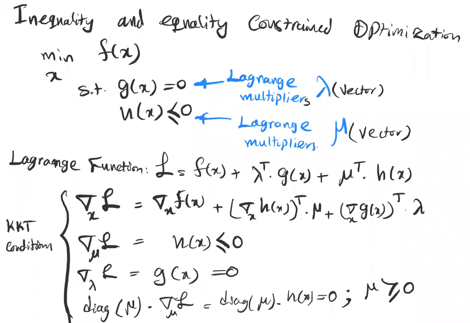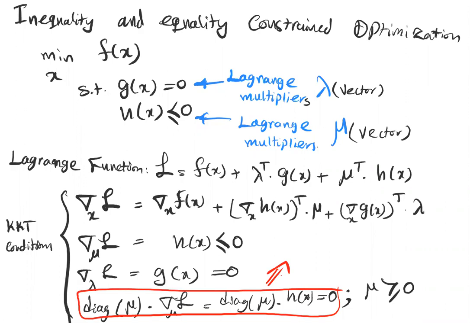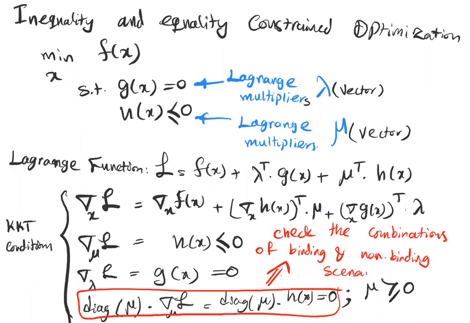So with this constraint, we check the combinations of binding and non-binding scenarios to determine what's the optimal solution. So this is the way that we can find the KKT necessary or first order conditions for equality and inequality constraint optimization.